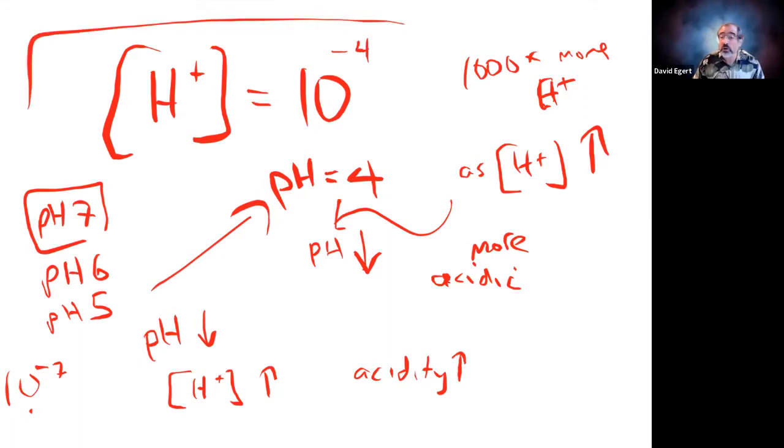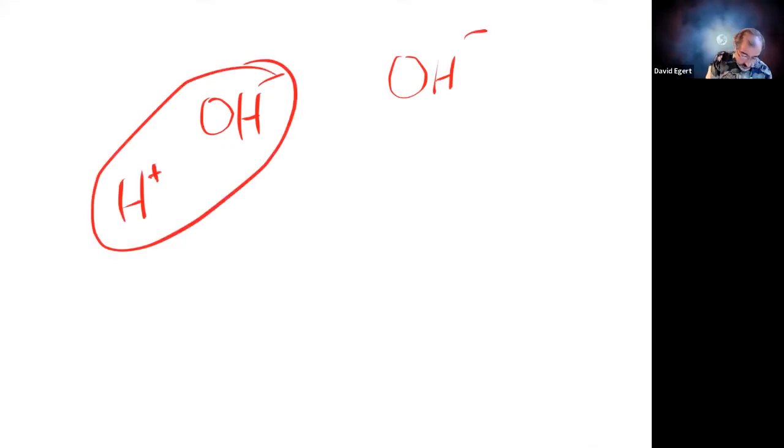We can also take away H pluses and make less H pluses. The way we usually do that is by adding hydroxyls. If I start adding hydroxyls into my mix, they will mix with the hydrogens around and become H2Os.